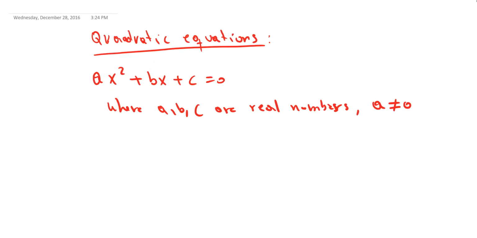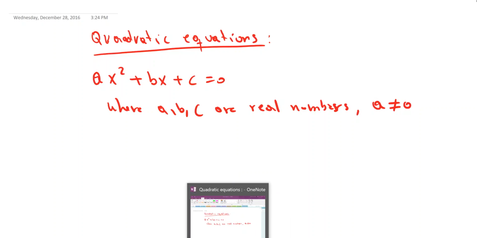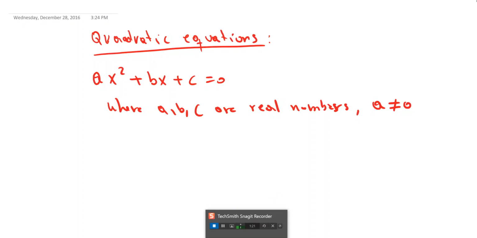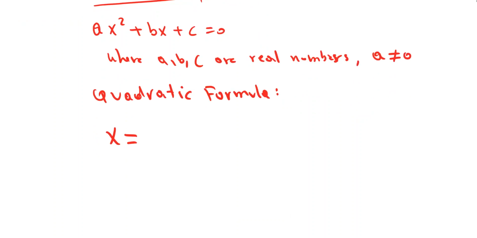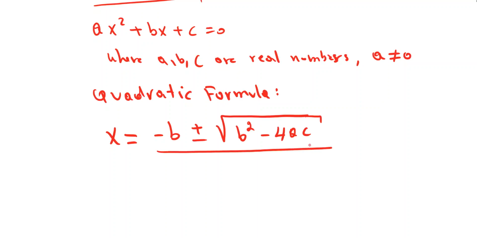So to solve this quadratic equation, we will need what we call a quadratic formula, and it's given as x equals negative b plus or minus square root of b squared minus 4 times a times c, all divided by 2 times a.